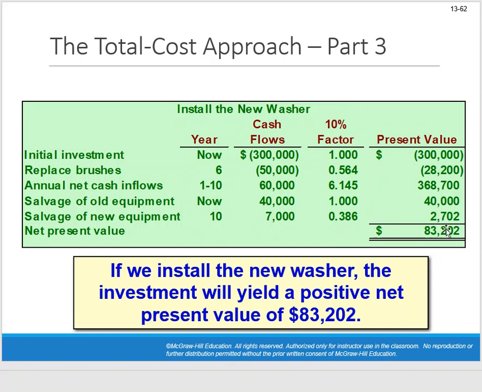So we add all of that up, and we have a big positive $83,202. So what that means is that installing the new washer exceeds the 10% discount rate. So it seems like it's an acceptable project in that regard, but we want to compare it to the other option. So if we install the new washer, the investment will yield a positive NPV of $83,202.